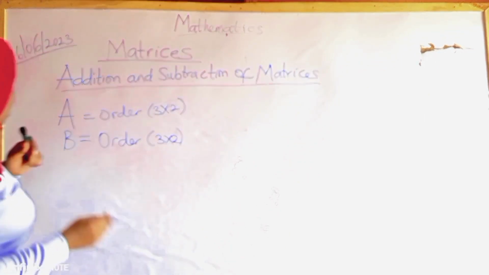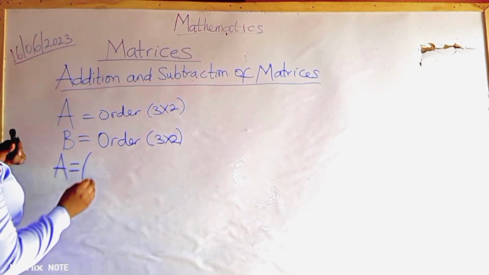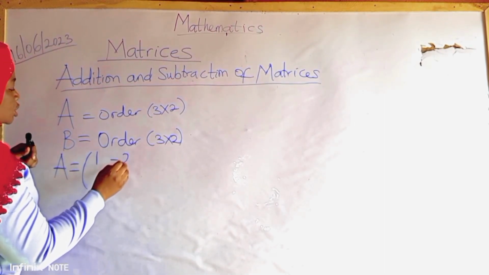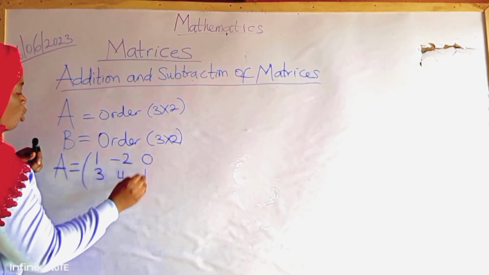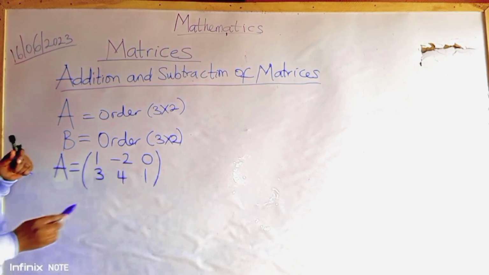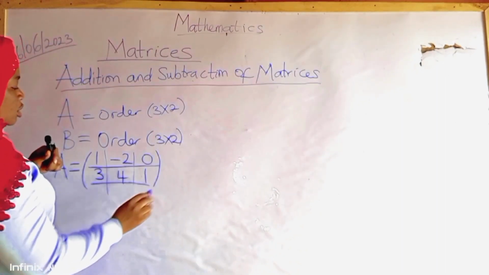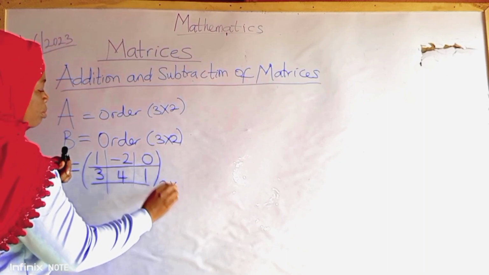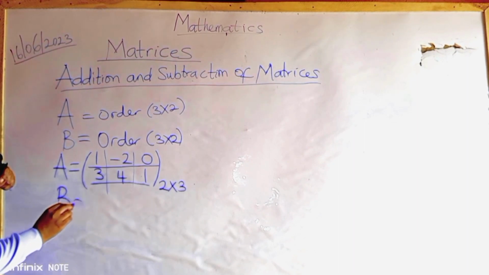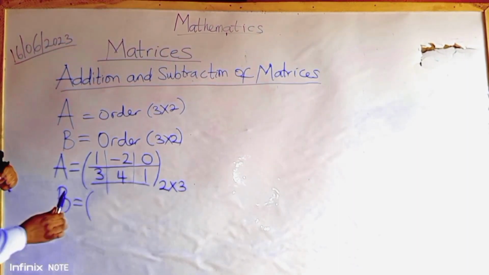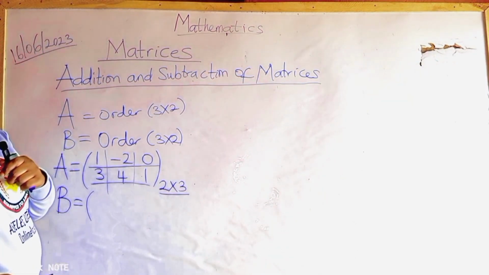So for example, say that matrix A is equal to 1, minus 2, 0, 3, 4, 1. You can see that this is order 2 by 3. So it means that for me to be able to add it to B, this B must also be a 2 by 3 matrix.